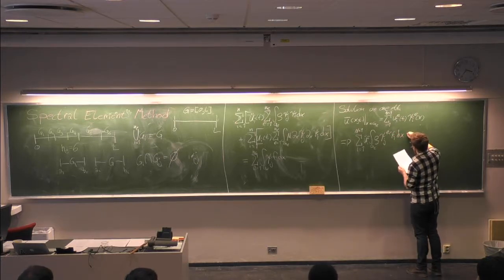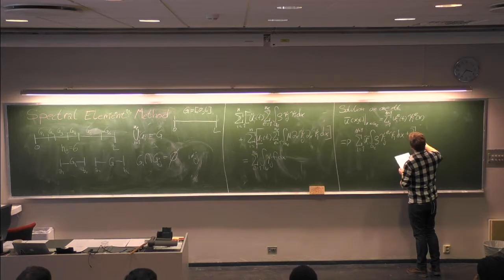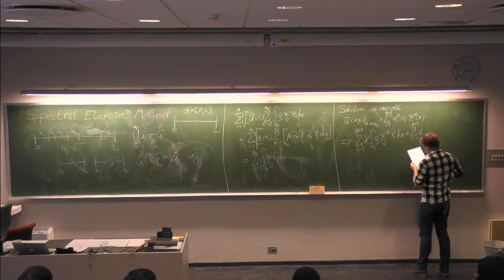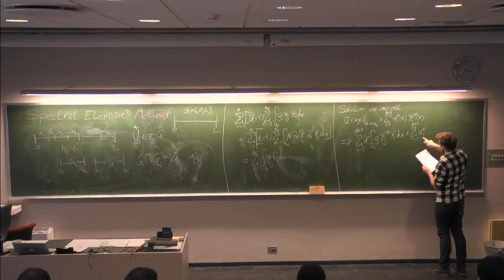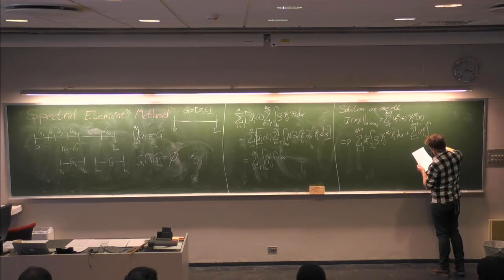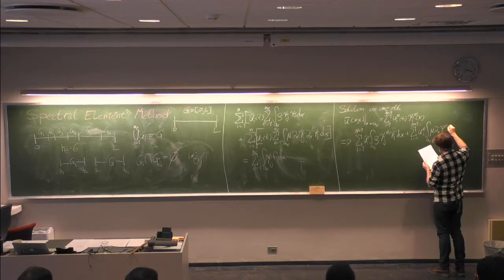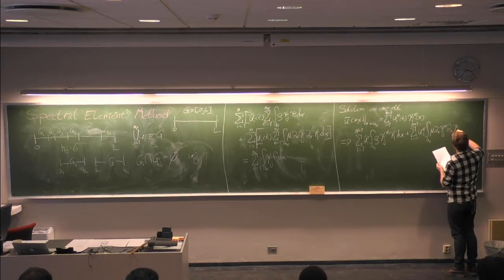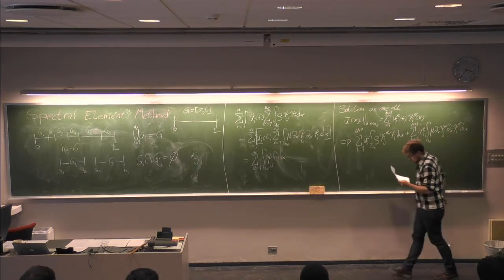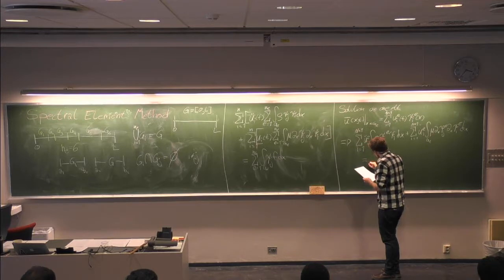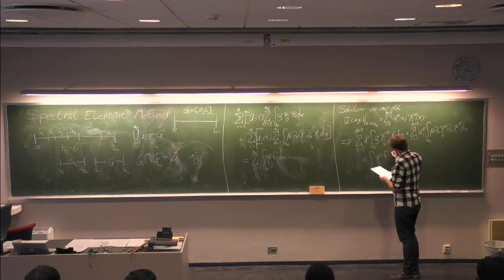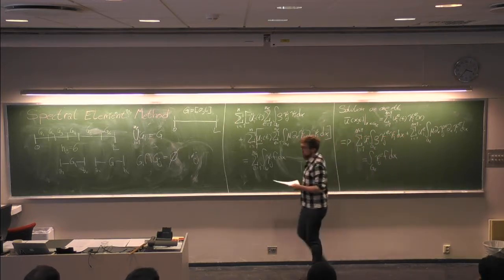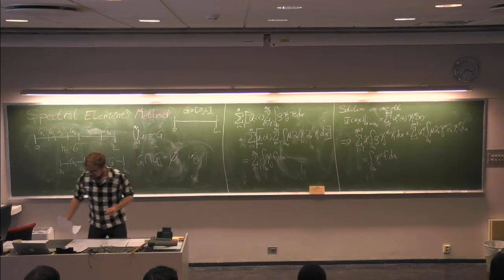Plus the sum of q_i^e, again temporal, times the integral of mu dx phi_j^e dx phi_i^e dx, equals the integral of phi_j^e f dx. So this is the weak form on only one of the elements.